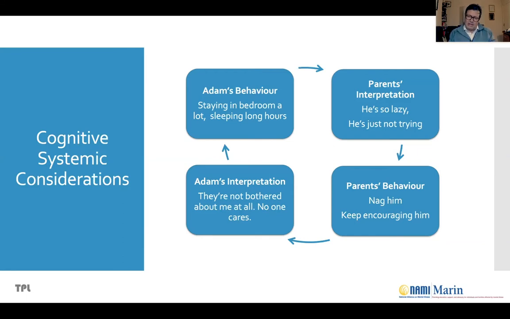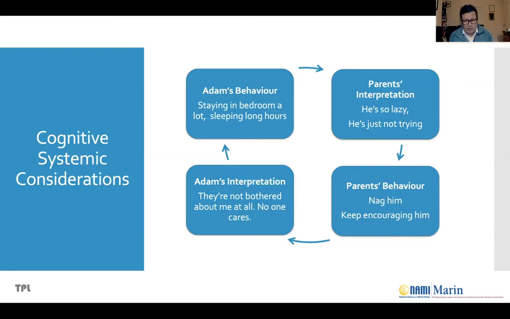And when they go in to see him to try and get him up and about, they might come over as being slightly critical, slightly nagging, and the perpetual attempts to encourage him are interpreted by Adam as criticism, as in, they just don't understand what I'm going through here.